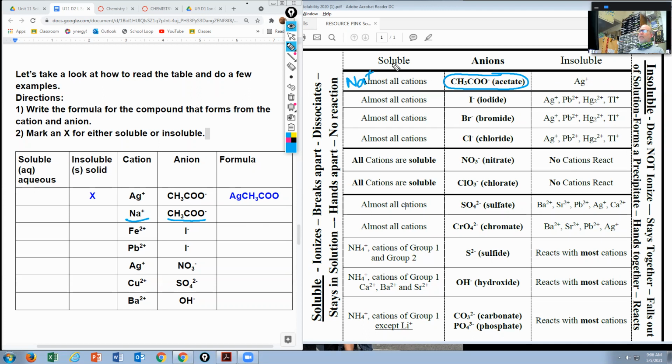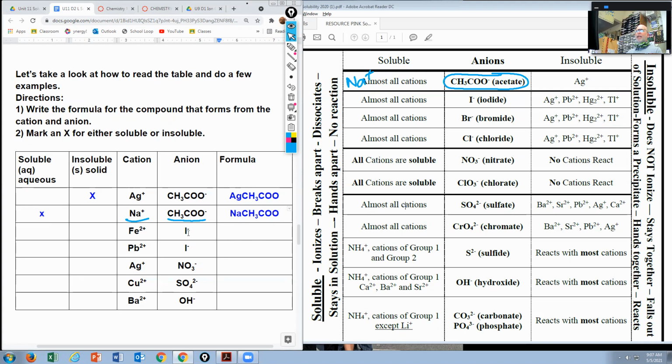And Na plus is going to be soluble. So how are we going to work this out? You'd come down here and say this one's going to be soluble. We're going to put an X, and we're going to write the formula Na and then CH3COO. And that's it.